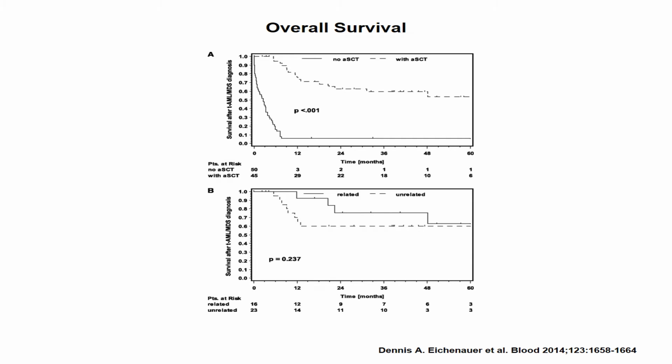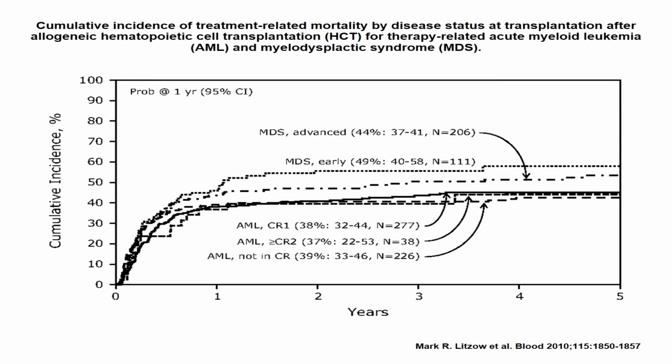And I think this is important because, again, this may give us a tool in the future to try to look at these patients before we give them the chemotherapy or radiation for their breast cancer or lung cancer, and hopefully we may have strategies to try to reduce the risk of these therapy-related cancers.